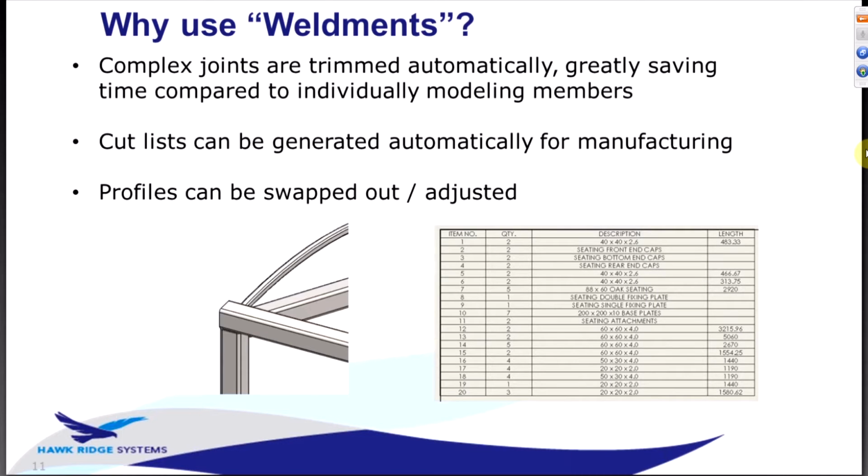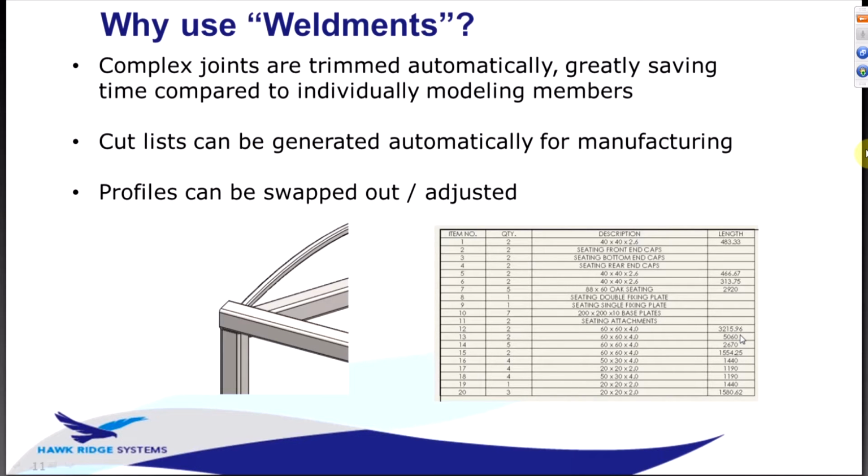And why use them? Well, your complex joints and things where you have multiple profiles coming together, those are going to be able to be trimmed automatically based on your specifications. So that saves a lot of time compared to modeling those joints individually, modeling each tube individually. Cut lists are going to be automatically generated for you. So as you're building these frame structures, SOLIDWORKS is keeping track of the size of the profile and also the lengths that you're going to be using here.